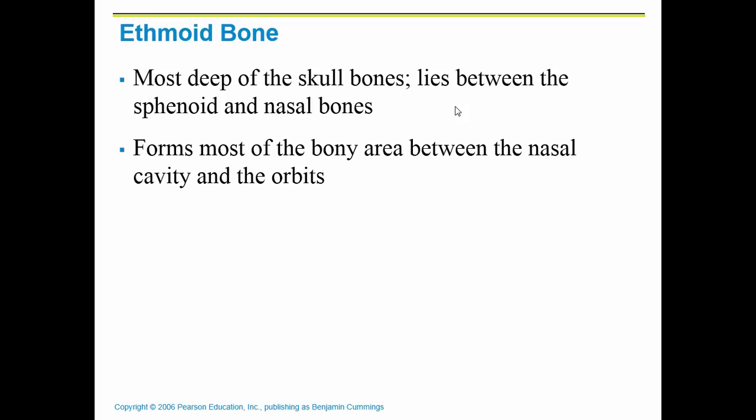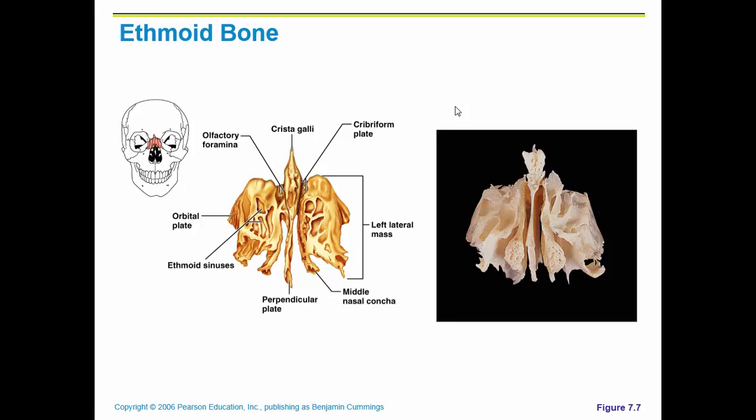When it says most deep, remember that term, it's actually the most inside bone of the cranium, the furthest away from the skin. It looks funny here because it doesn't really look like anything, but when you look at it in the skull, it is behind that nasal bone in that general area.